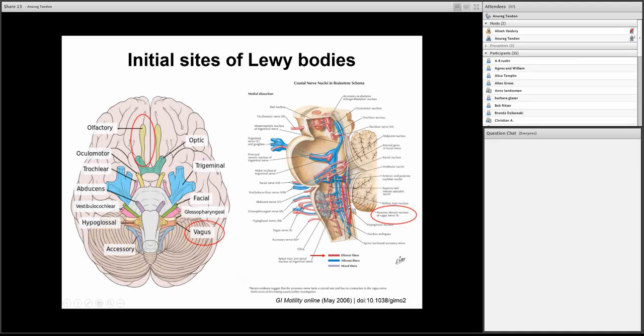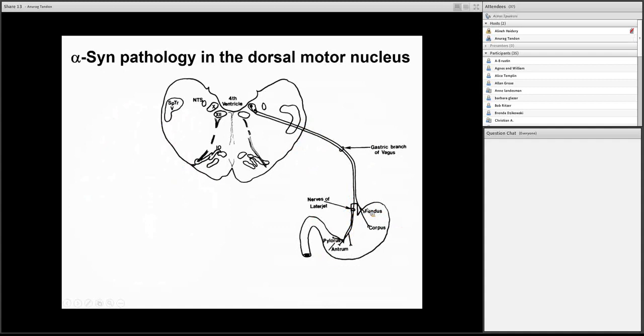So the dorsal motor nucleus is located right here in purple. This projects out to the gastric tissue, and it actually does contain quite a large amount of alpha-synuclein in these neurons. And I'm going to go to the next slide, which shows you how the connection might occur.